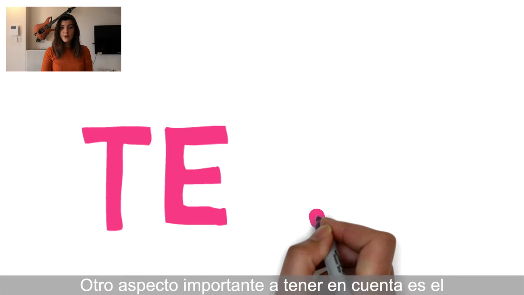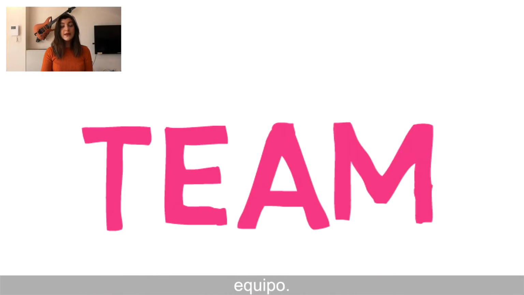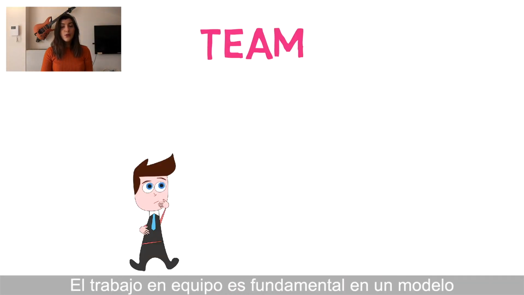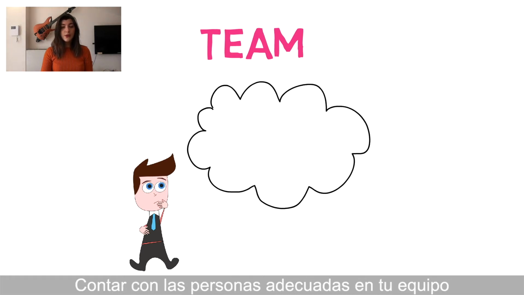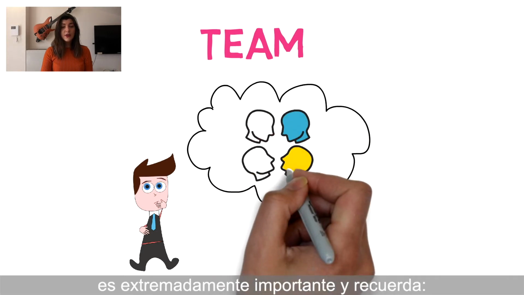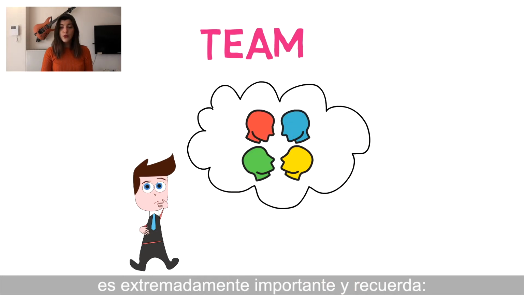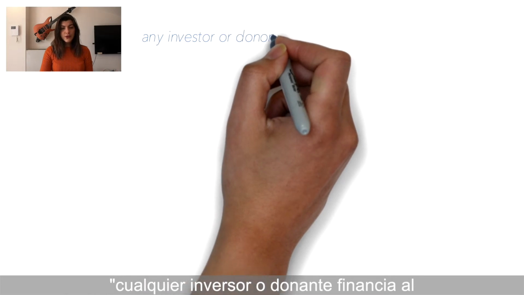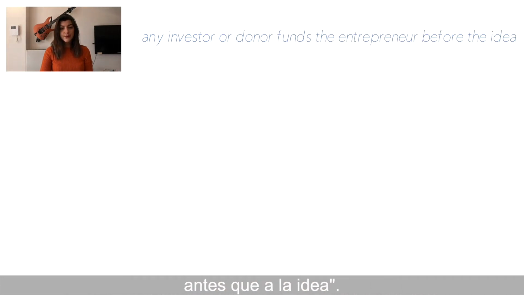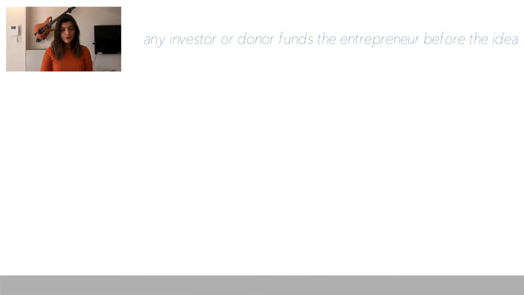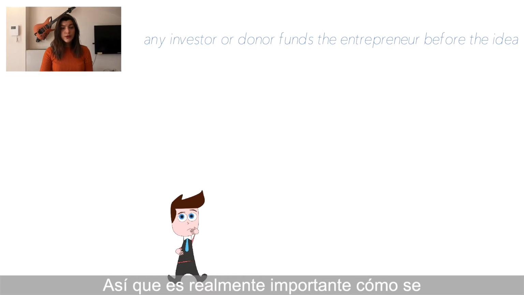Another important aspect to consider is the team. Team working is fundamental in a social business model to achieve good results. Having the right people in your team is extremely important. And remember, an investor or donor funds the entrepreneur before the idea. So, it's really important how the team is built up.